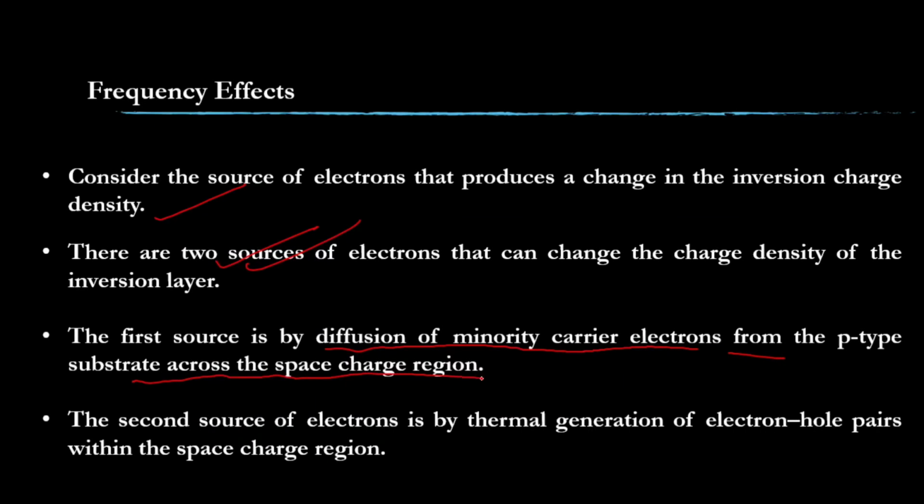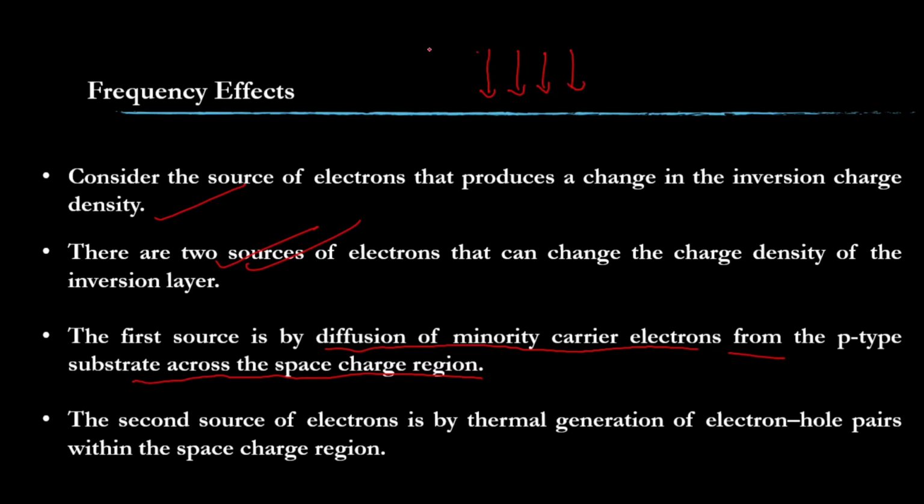Very simple. We have a p-type semiconductor. The majority charge carriers in a p-type semiconductor are holes. Definitely there will be minority charge carriers, that is our electrons, okay. When we keep incrementing the positive charge, what will happen? The direction of the electric field is actually towards this semiconductor.